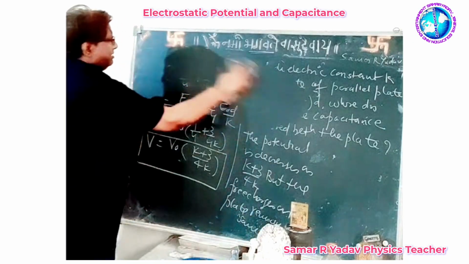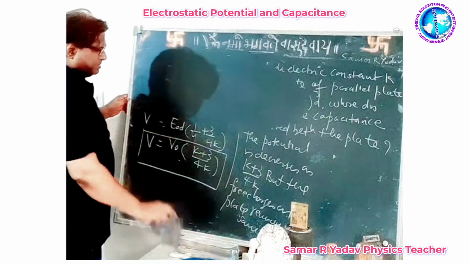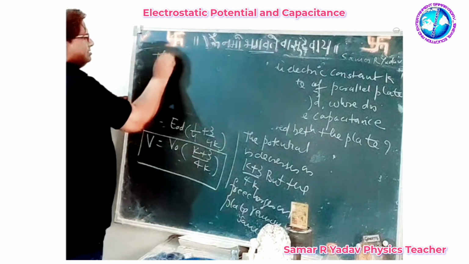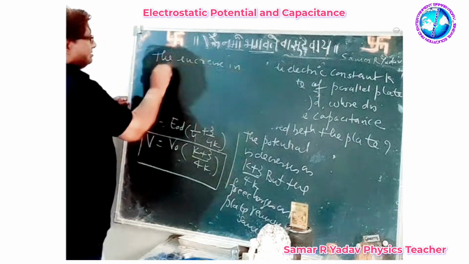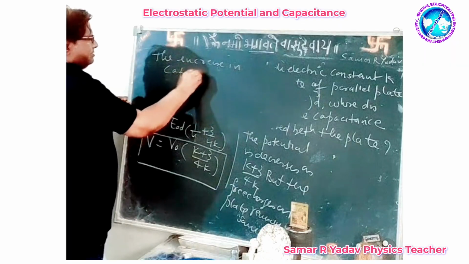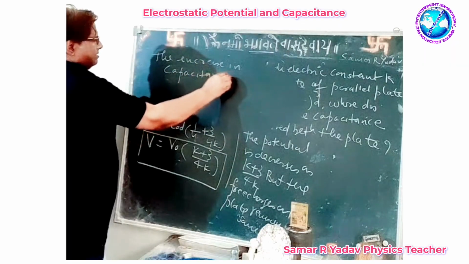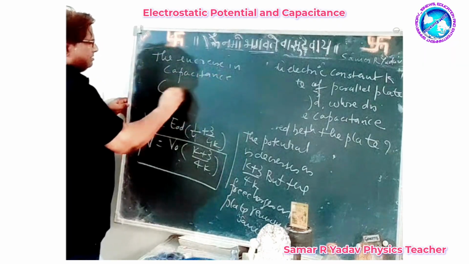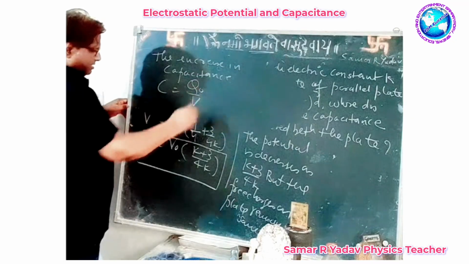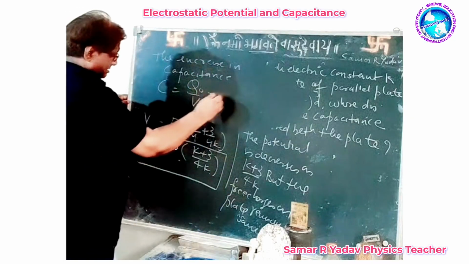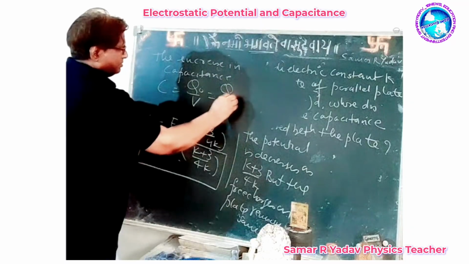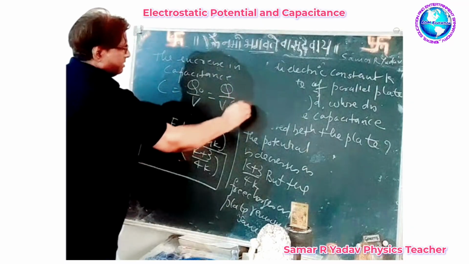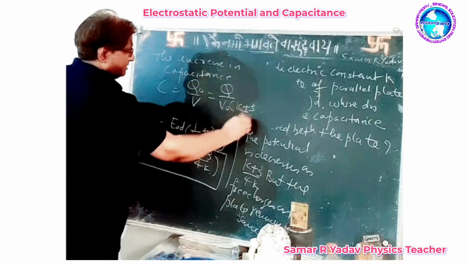Therefore, the change in capacitance, that is C is equal to Q0 upon V. Keeping this value, we get Q0 upon V0 into 4K upon K plus 3.